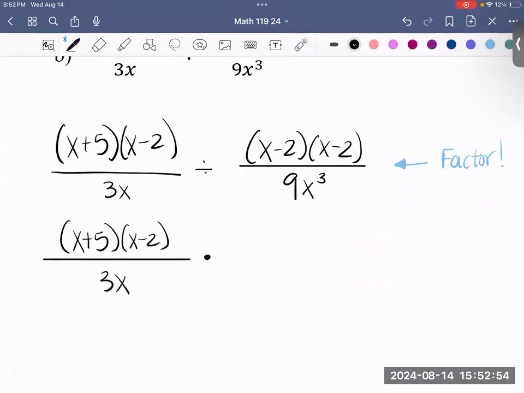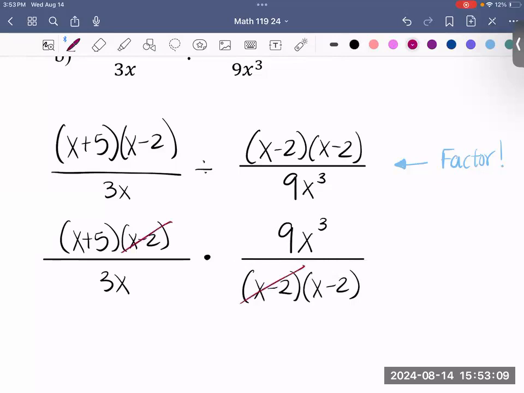We're changing the sign, so it's now multiplication. And then we have 9x cubed, x minus 2, and an x minus 2. So now we can go ahead and cancel. But again, only canceling one for one. You cannot cancel out both. Do not cancel out both.